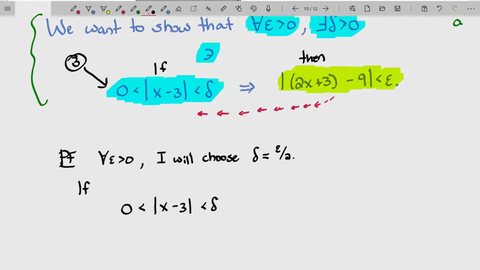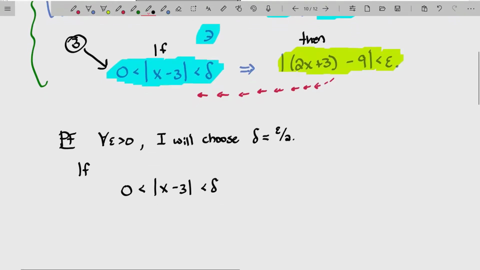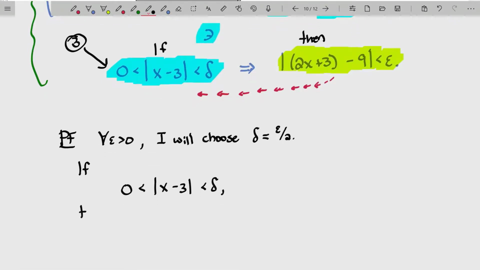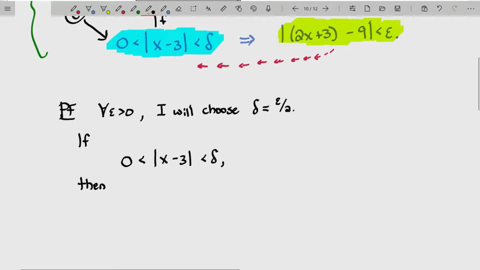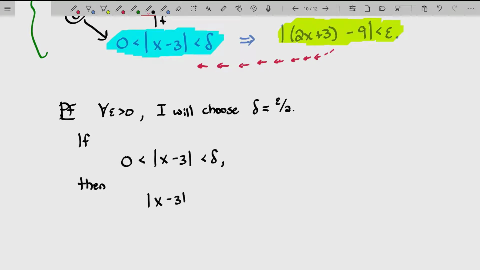So if it's the case that 0 is less than the distance between x and 3, which is less than delta, then, because we made the choice for delta to be equal to epsilon over 2, so if somebody hands me an epsilon of 1, I'll choose delta to equal 1/2. Then I happen to know the distance between x and 3 must therefore be less than epsilon over 2, because that's what we chose delta to be.